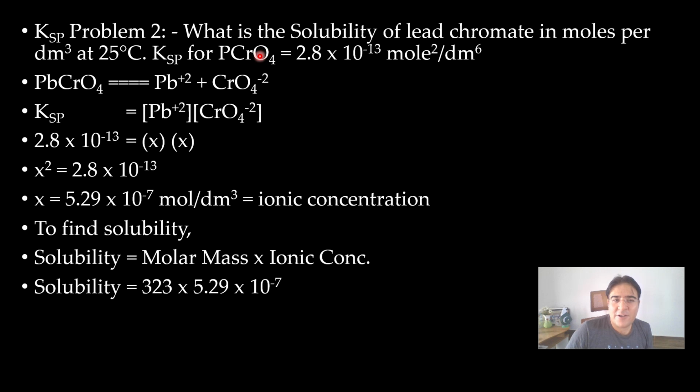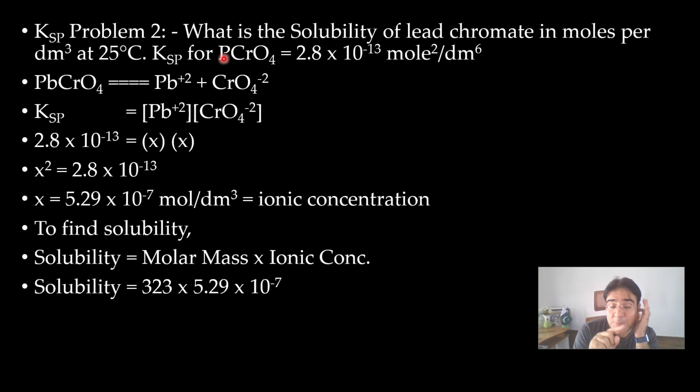I'm sorry, it's PbCrO4. This problem is in our textbook. It is 16b. So 16b and 17b are opposite to each other. In 17b, they give you solubility and ask Ksp. In 16b, they give Ksp and ask solubility.